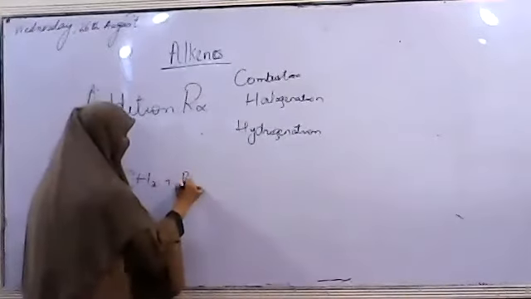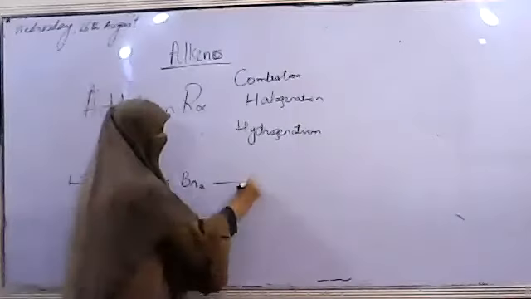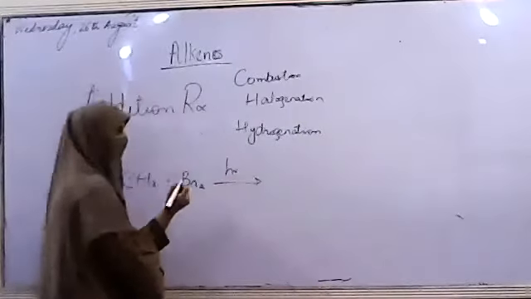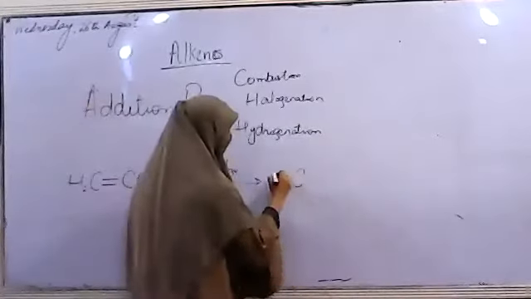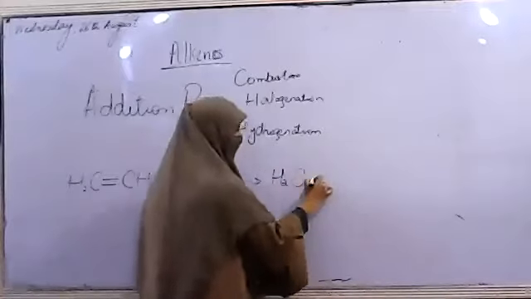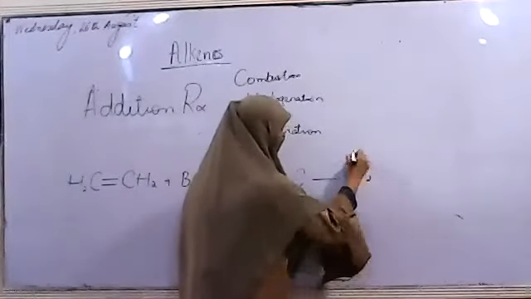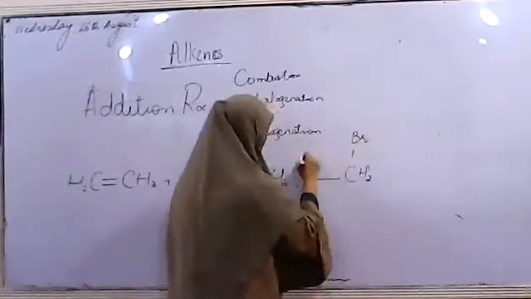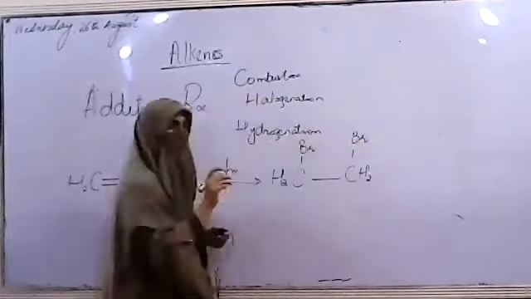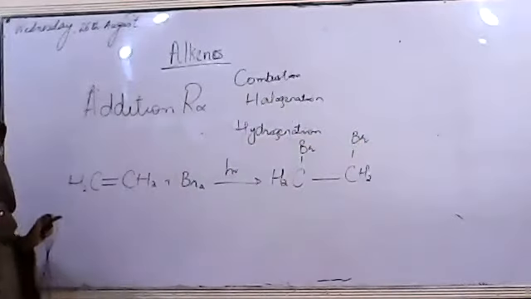Let's say we add bromine in the presence of light, we will get CH2Br, CH2Br. I hope I'm clear at that point. There is no confusion in this.